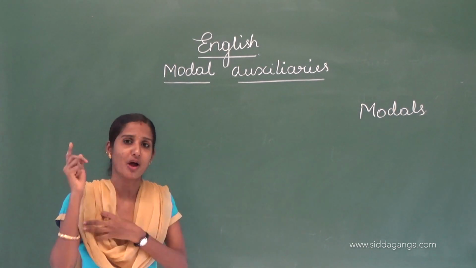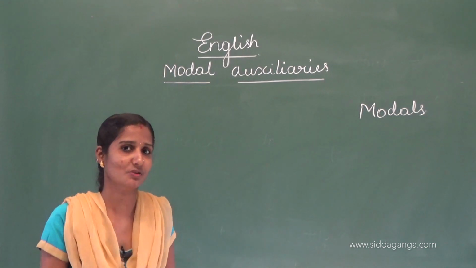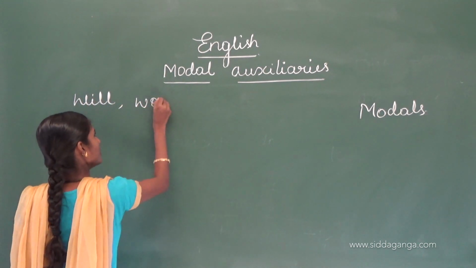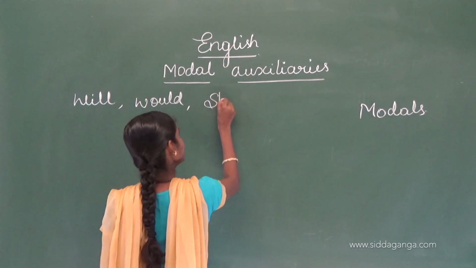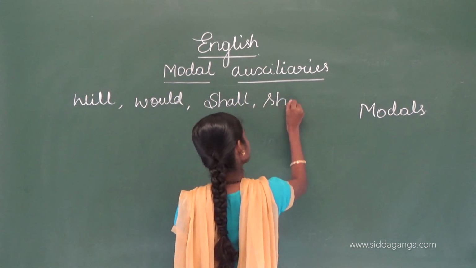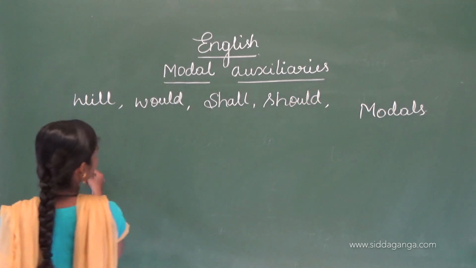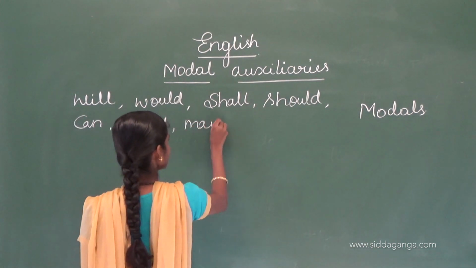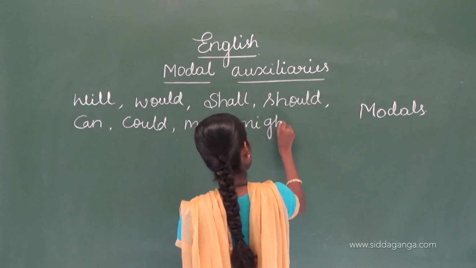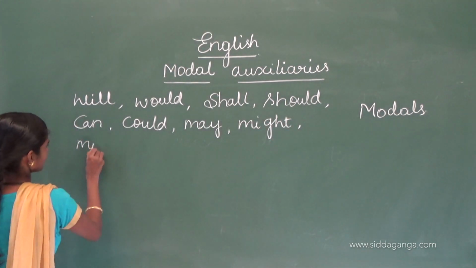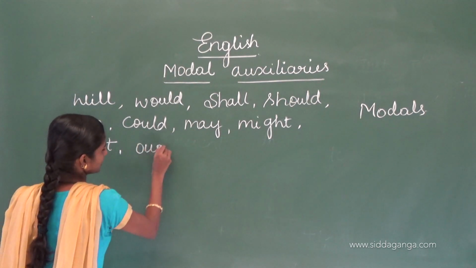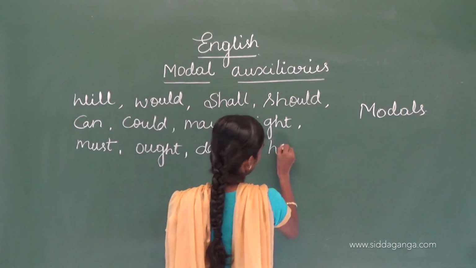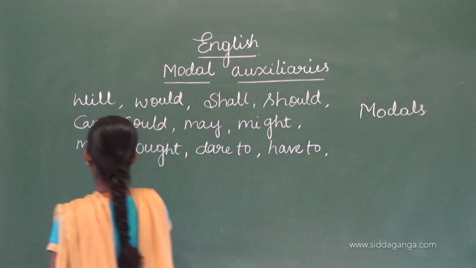So I will write on the board. You have to take down the heading as modal auxiliaries. Under that you have to write those auxiliaries: will, would, shall, should, can, could, may, might, must, ought, dare to, have to, and need to.